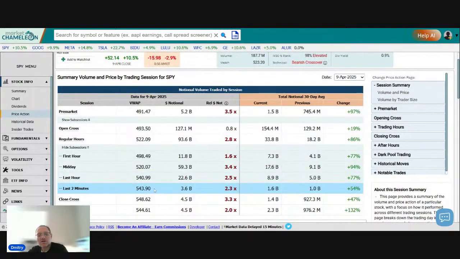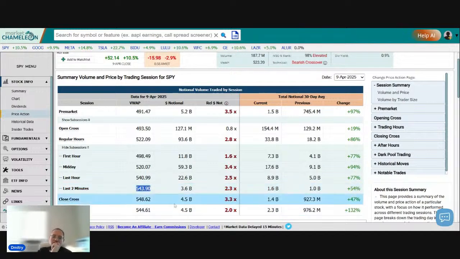The VWAP traded at $543.90, $3.6 billion worth of stock. But the closing cross was $548.62. So nothing even traded in between. That was the last of regular trading hours. And then we see this big jump on $4.5 billion worth of stock, 3.3 times higher than usual.